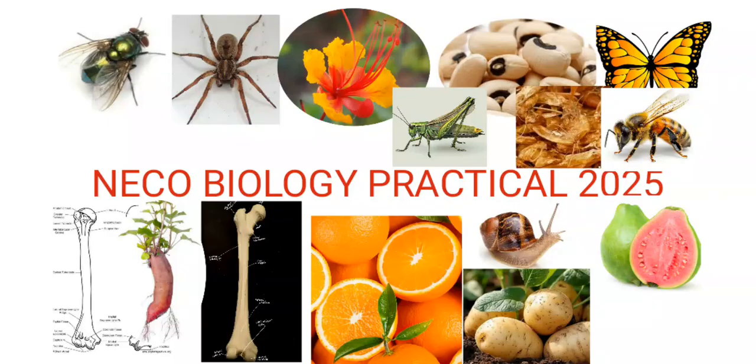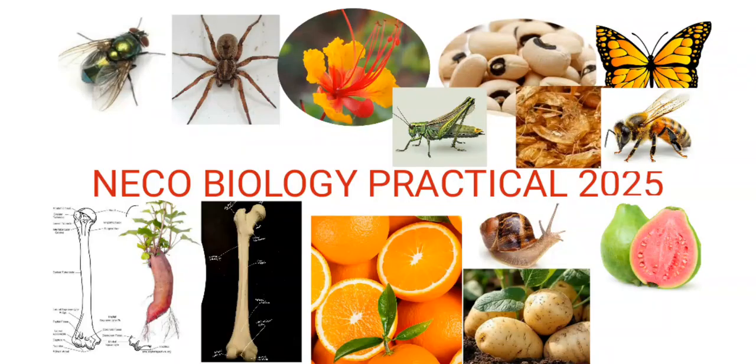So now let's look at the structural differences between these organisms of different species. So the comparison will be between Crustacea, example crayfish, Insecta, example butterfly, housefly, and grasshopper, and Arachnida, example spider.